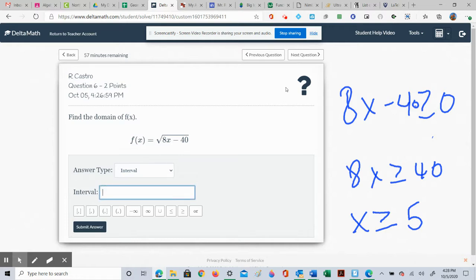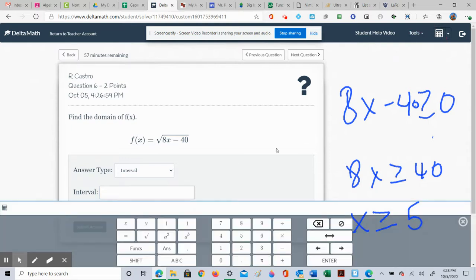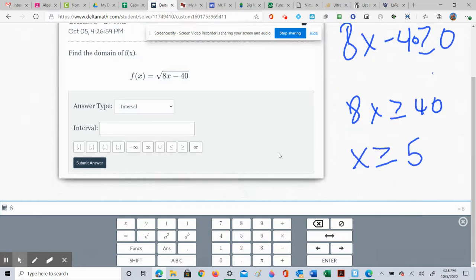Type in. Now, I didn't show it last time. There is a calculator here. If you click that, you have the number keys down here that you can use. So what do we want? X is greater than or equal to 5.